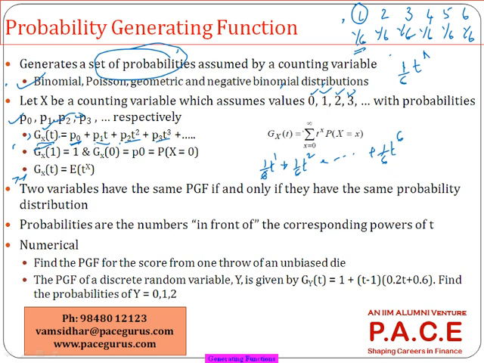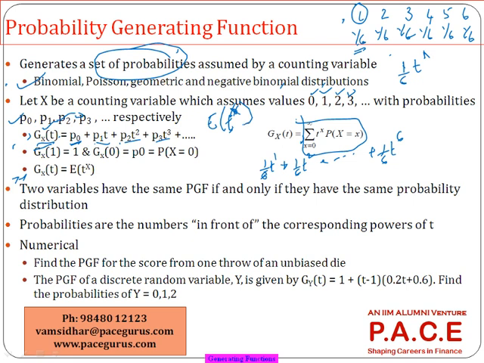In short, it is the expected value of t power x. Go back to our third chapter: for the expected value, we multiply each value with its probability. So t power 1 I multiply with the probability of 1, t square with the probability of 2, t cube with the probability of 3.